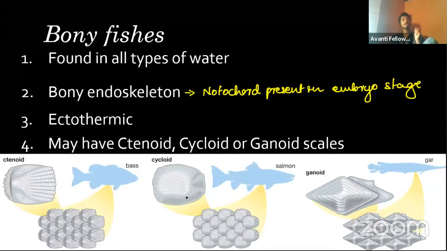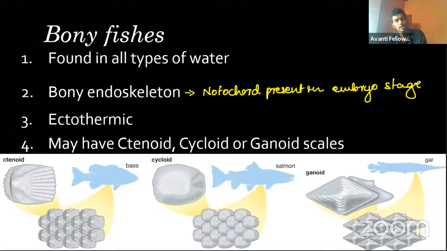Don't confuse the Chordates and the Osteichthyes. The cartilaginous fishes' characters and bony fishes' characters are a little different, because there we discussed a persistent notochord, right? Here there is no persistent notochord. It is present only in the embryo stage, and later the bony endoskeleton will replace it.